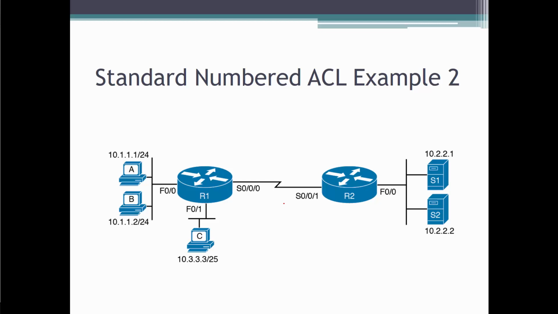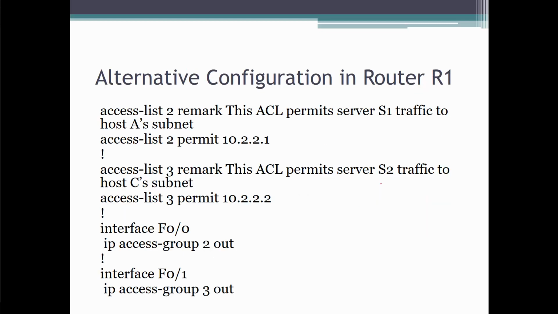Let's look at a second example. Let's go ahead and look at some new examples. Here we can look at some alternate configurations. Here we have a remark. This will permit traffic from that address, and that's going to permit server S1 traffic to host A1.